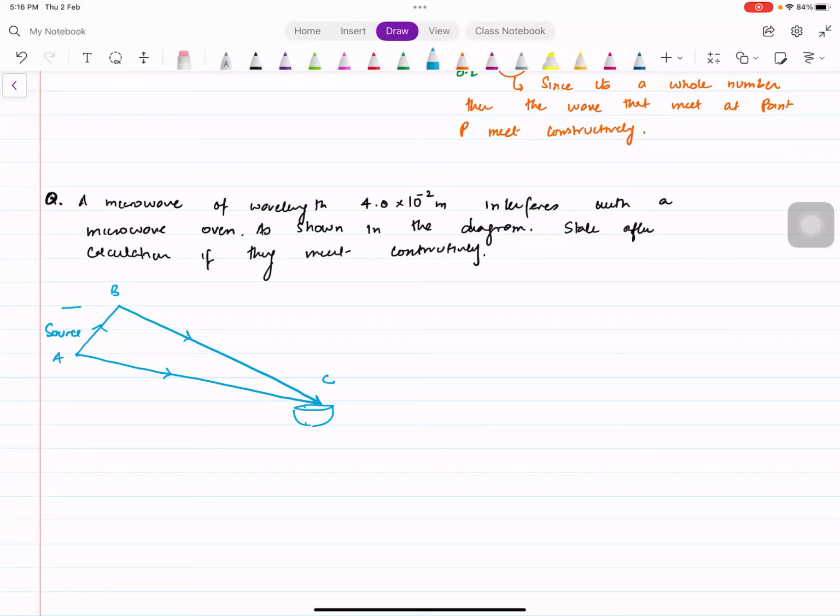All right. So one basically goes up, touches the ceiling, and then hits onto the pot, and one goes straight.